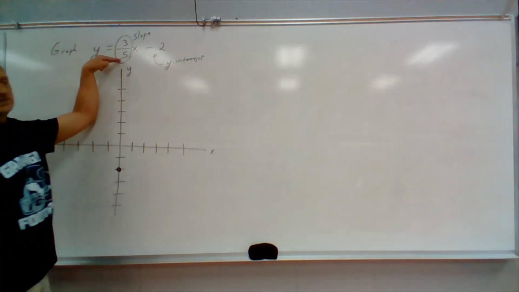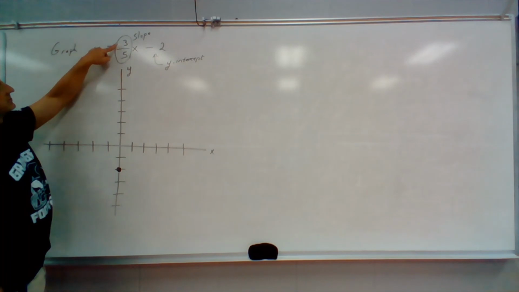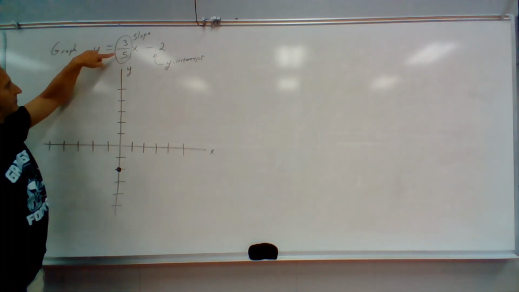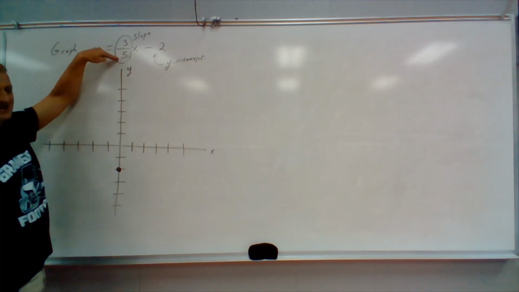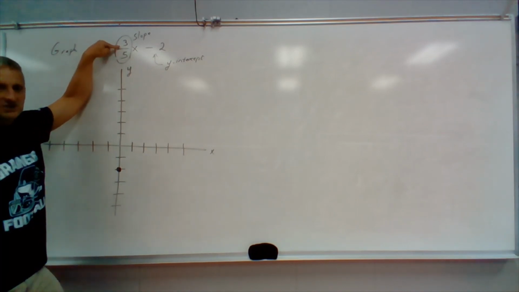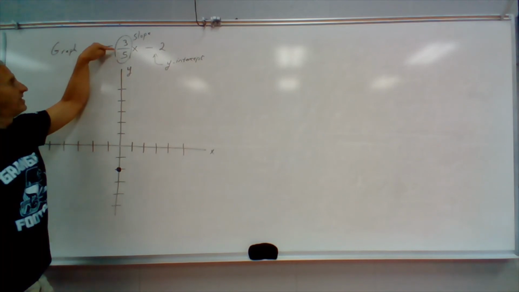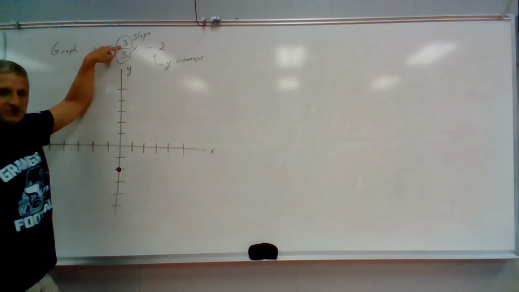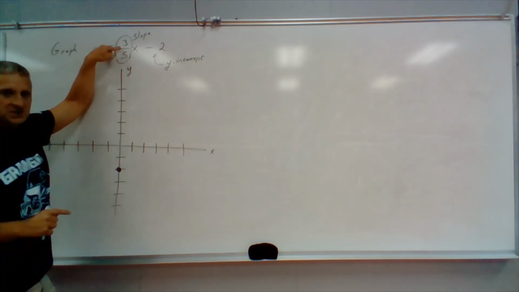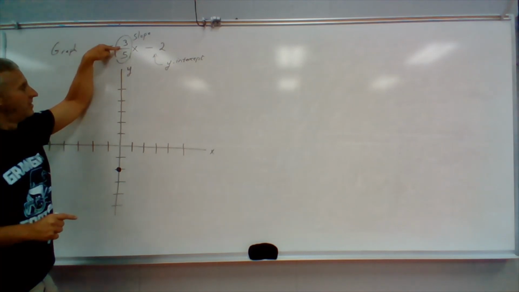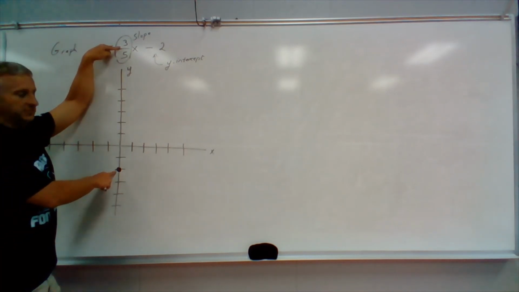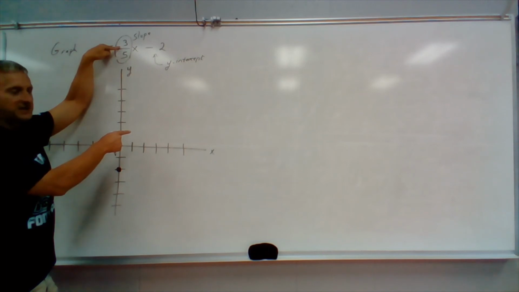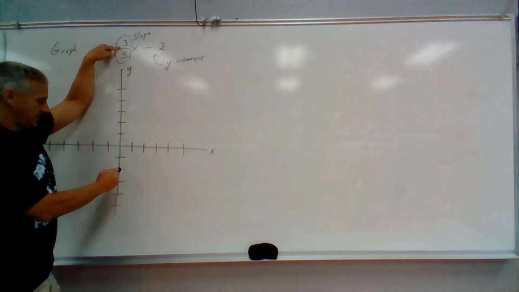So the change in y on the top, the change in x on the bottom. Since there's a 3 on the top, my change in y is 3. So from this dot to another dot, I need to go up 3: up 1, 2, 3. The change in x is 5, so I need to go right 5: 1, 2, 3, 4, 5.